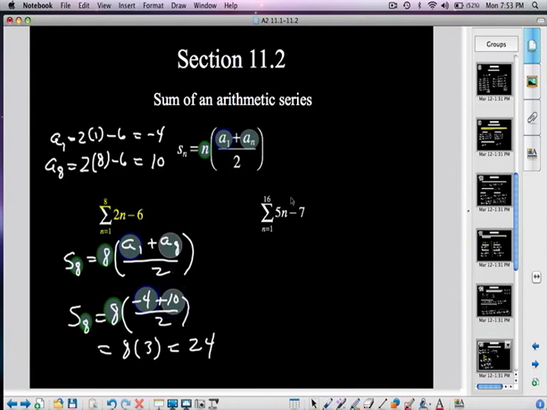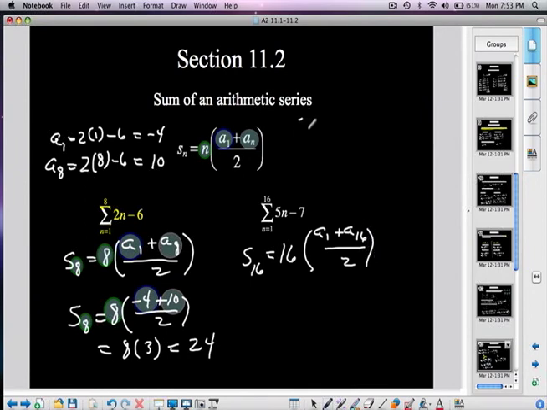Okay, let's do another problem like that. I want to find the sum of my first 16 terms. So I know that the sum of 16 terms will be equal to 16 times a sub 1 plus a sub 16 divided by 2.